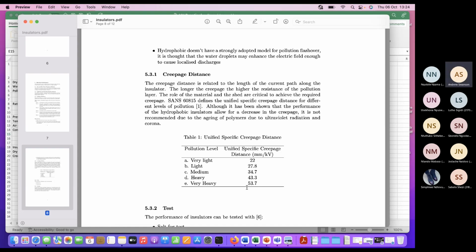You would design the insulator such that it is that. So it would be very long, whereas in a very light pollution, 22 millimeters per kV, same thing, 22 times 22 divided by √3, it's much shorter than the very heavy polluted one.